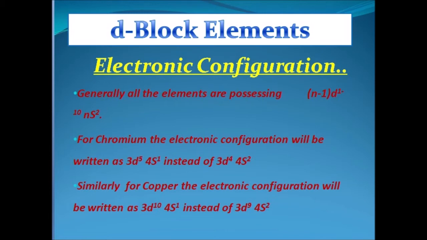It will follow the order followed in chromium, therefore 3d10 and 4s1. An electron present in the s orbital is shifted into the 3d9 configuration, therefore one electron is added and it becomes 3d10. So that's all about the electronic configuration of the D block elements.